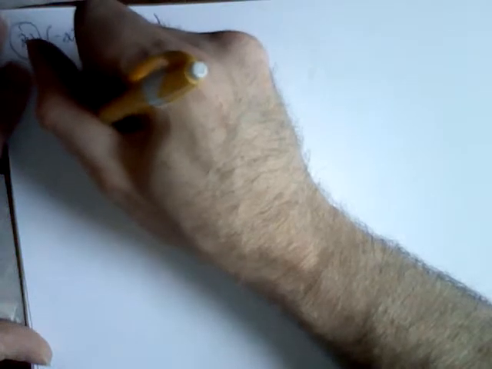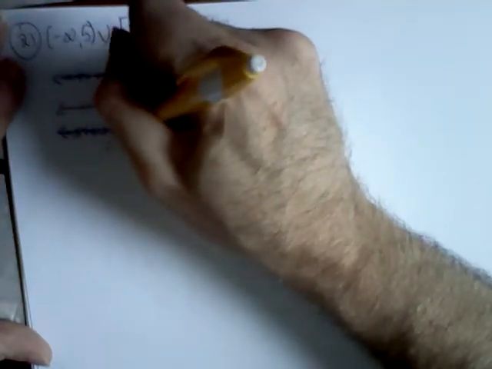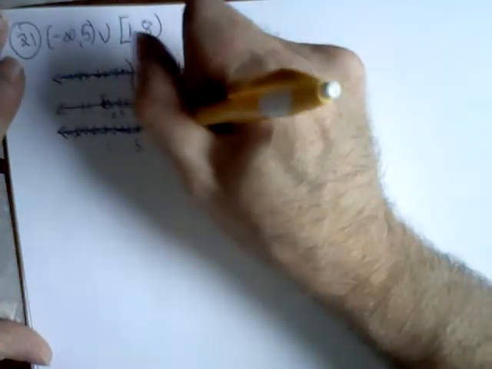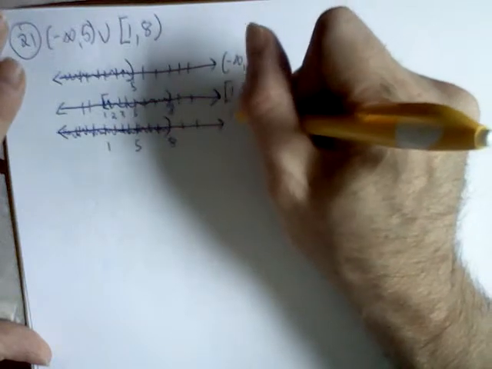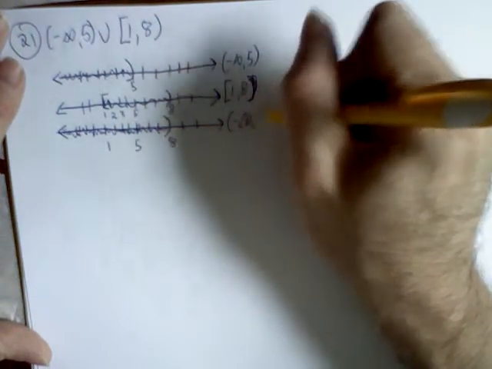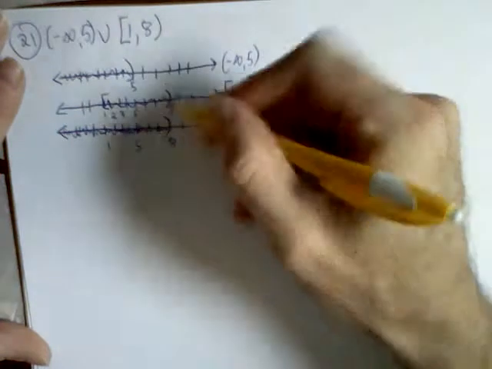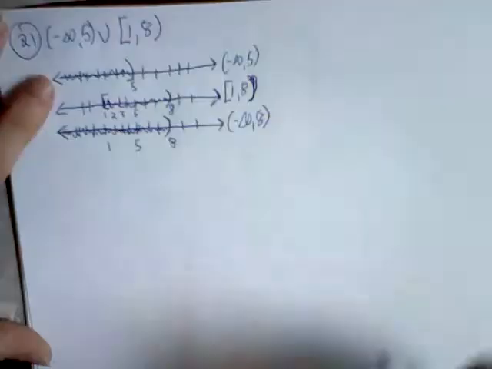So you can think of it as kind of like a shadow, if you had a sun up here somewhere and it was casting a shadow, the resultant shadow is the union. Okay, so looks like we have a whole lot all the way up to 8. Okay, so the union of those two sets will go from -∞ to 8, not including 8. 8 is actually not in either one of these sets.